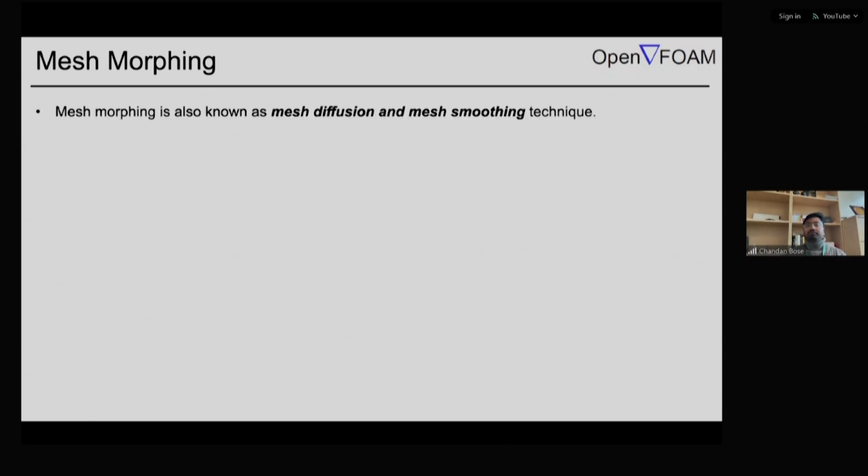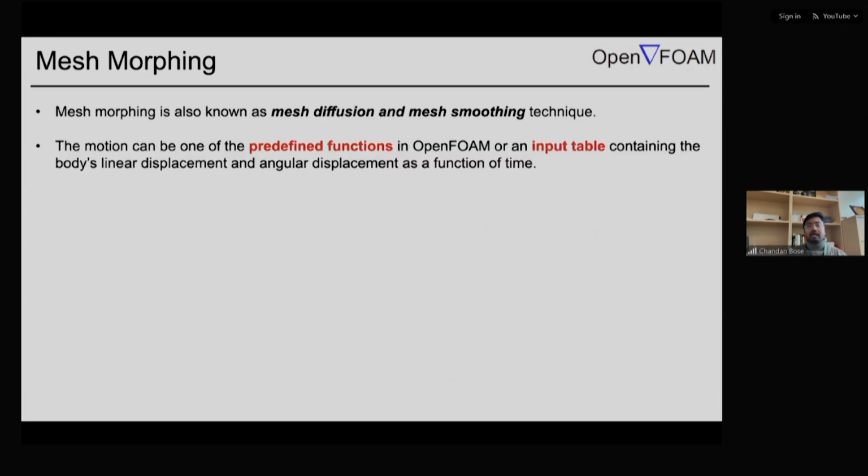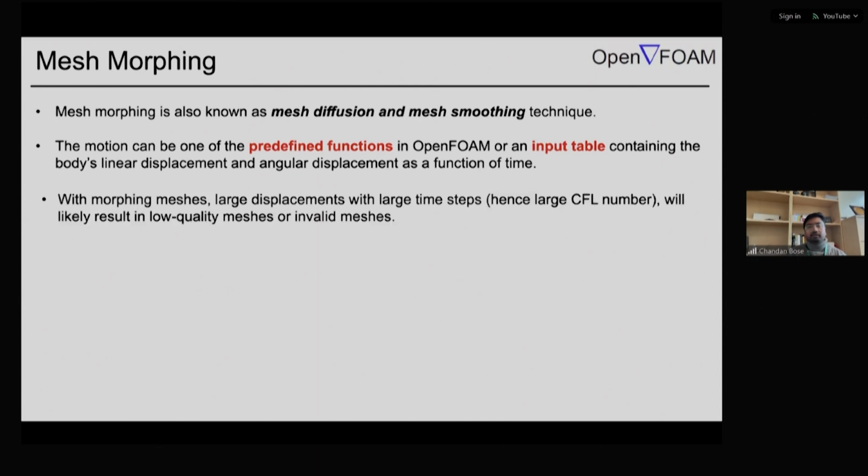So for mesh morphing, as I told, it's a mesh deformation case where we deform the mesh by moving the body. It's also known as mesh diffusion or mesh smoothing technique. Now we can define the functions by predefined functions or by including our trajectory or kinematics in the form of a table.